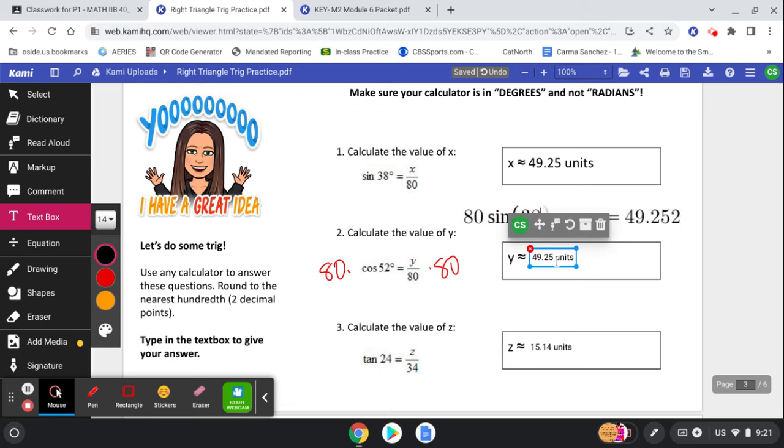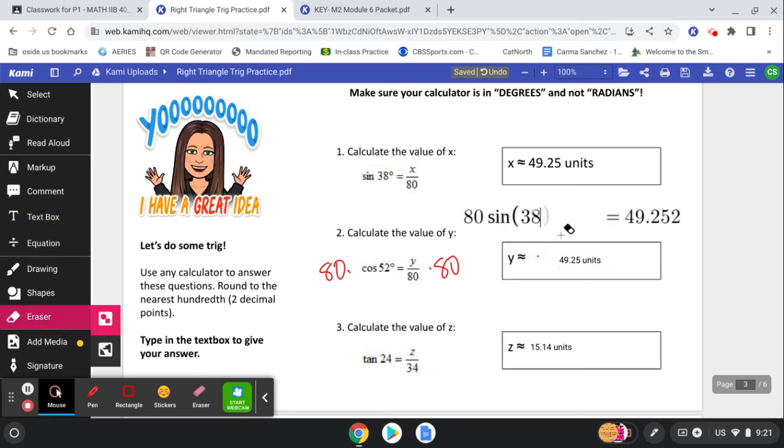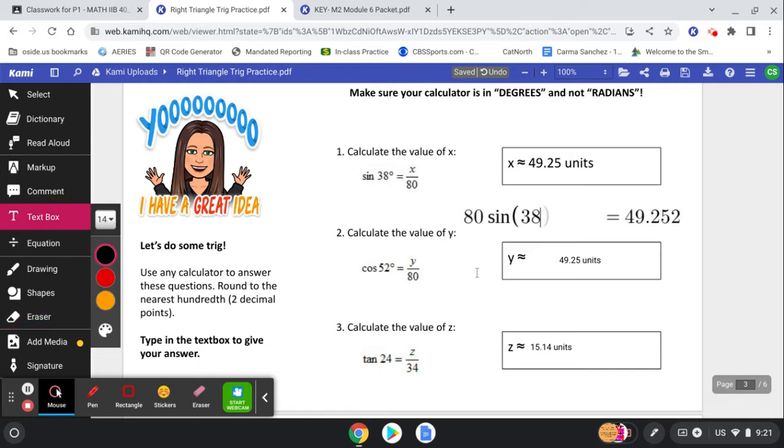Okay, so this first one was just testing to make sure that you know how to use the calculator and you could get these answers. Because on the future ones, you're going to have to pick the trig function. You're going to have to set up the trig function in order to be able to then plug it into a calculator. Okay, let's talk for a second about why these two answers were the same.